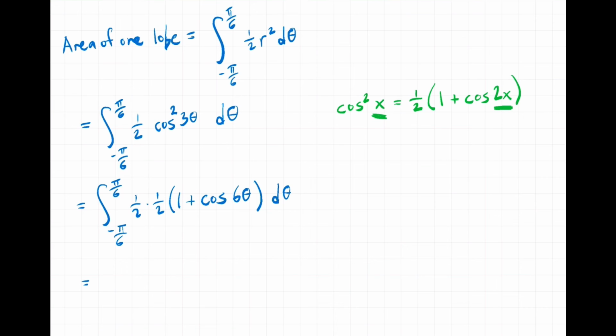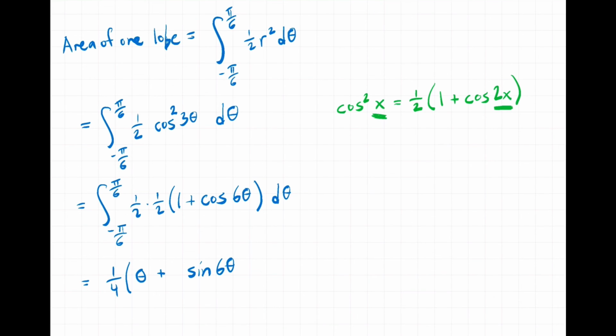So 1/2 times 1/2 is 1/4. I'll just leave that alone here. And we're going to find the antiderivative of our expression here. So the antiderivative of 1 d theta is theta. It's not x because the variable here is theta. Plus the antiderivative of cosine of something is going to be sine of the same thing.